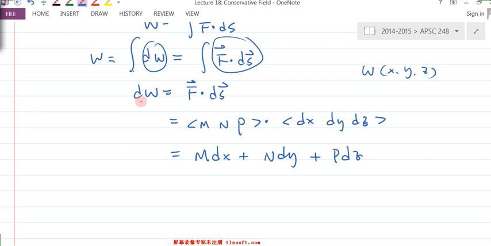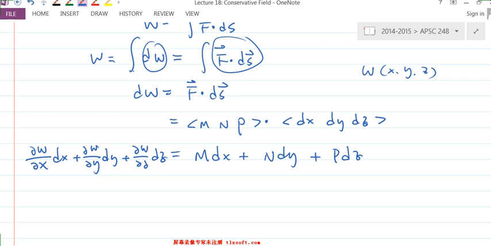Since W is a function of x, y, z, how do I write this total differential? It's partial W over partial x dx, plus partial W over partial y dy, plus partial W over partial z dz, right? So we end up with this.